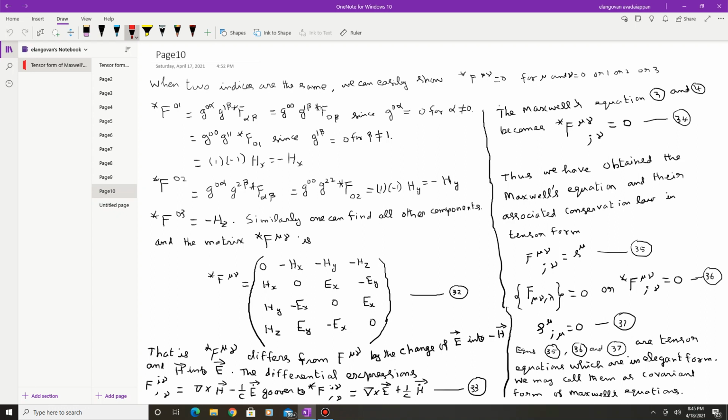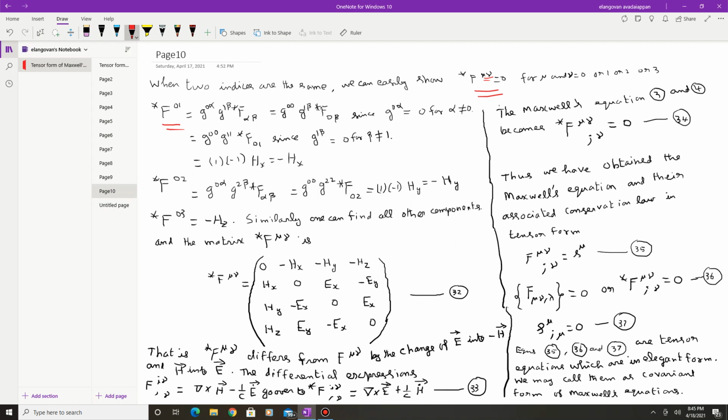Now let us calculate the contravariant components. Let us evaluate all the components. Here also, when mu and nu are identical, that is 0 0, 1 1, 2 2 or 3 3, all these components are 0. Now let us calculate the non-vanishing terms of the contravariant components of the field and dual field tensor.